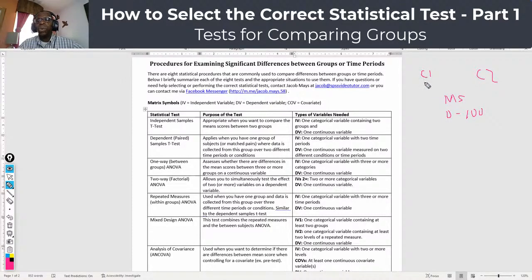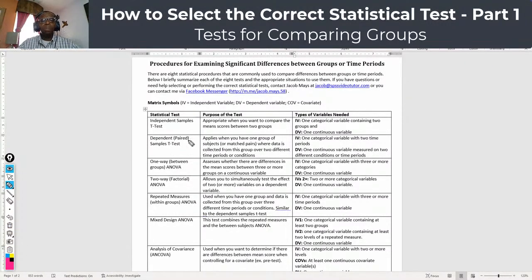Class would be the independent variable, and then we've got two groups, classroom 1 and classroom 2. And this is the dependent variable, math scores, scored on a continuous scale. So we would use an independent samples t-test for this scenario.